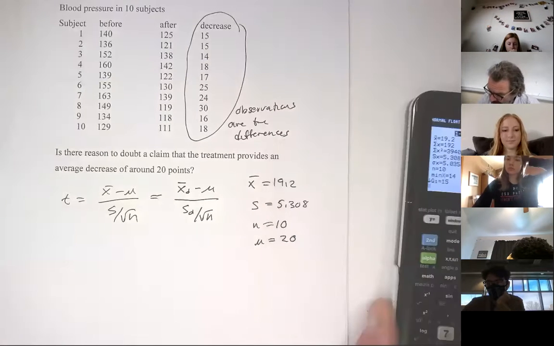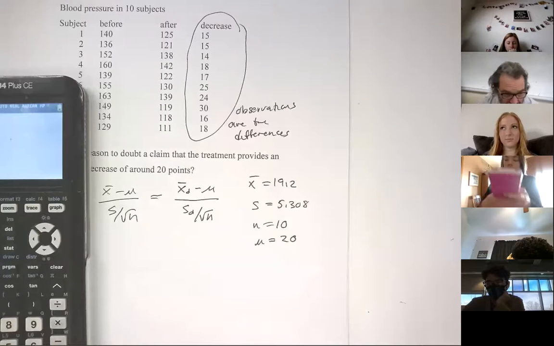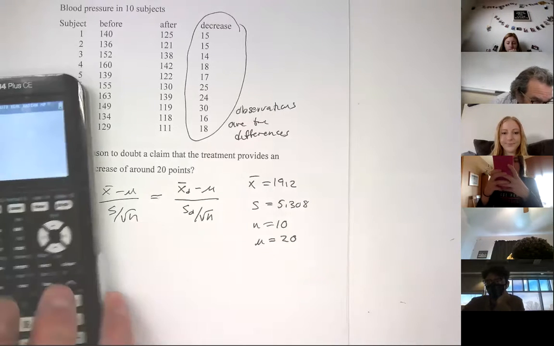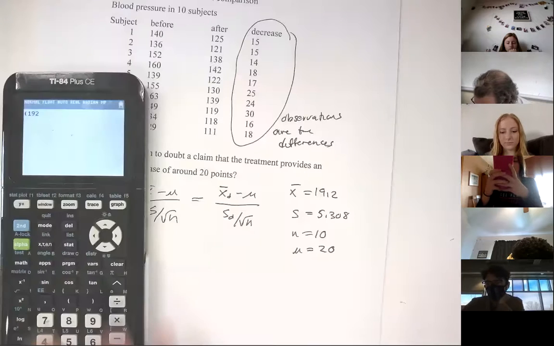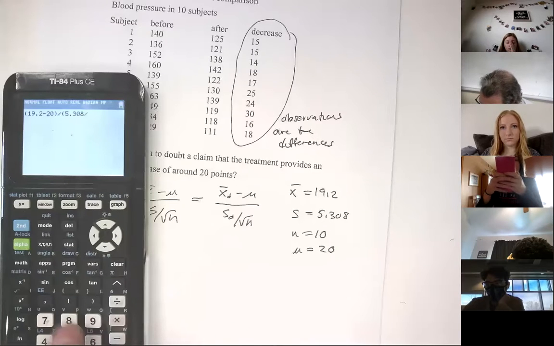I'm going to compute it. Clear that. So I'm going to compute this t here. Parentheses 19.2 minus 20 divided by, and we've got the standard deviation, 5.308 divided by the square root of 10.